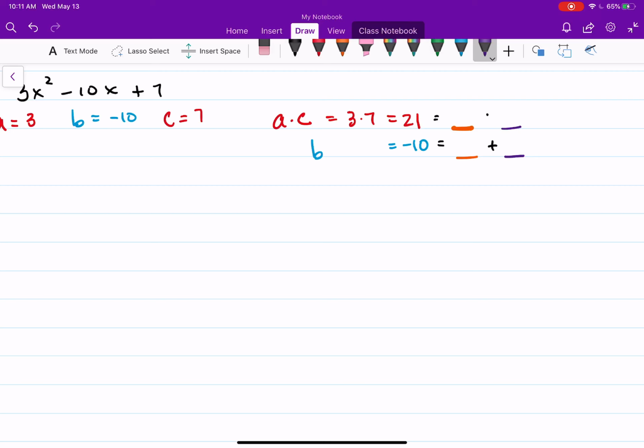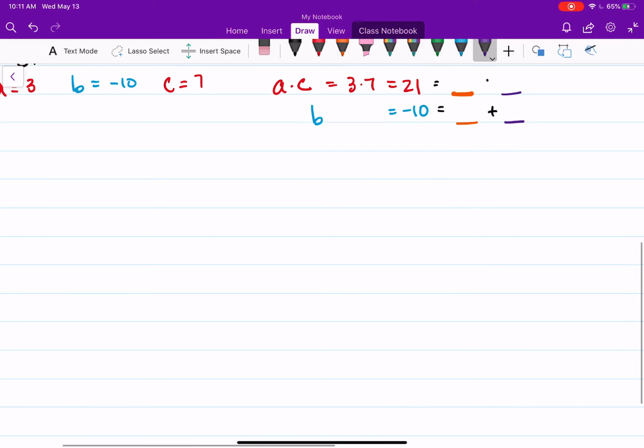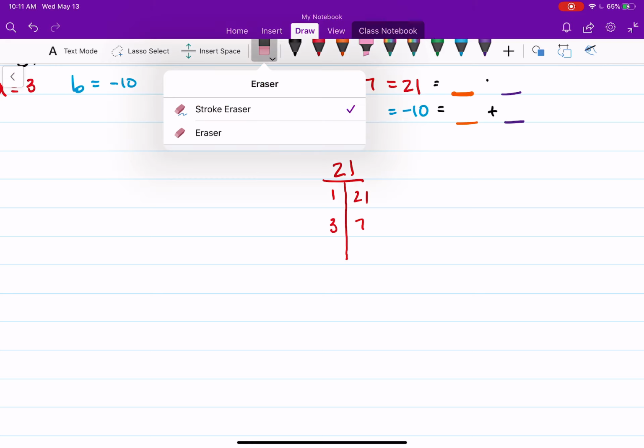If the A times C gets bigger and bigger and we can't find those numbers, what we can do is say, okay, I got 21, I want to find factors of 21. It's going to be 1 times 21, 3 times 7.